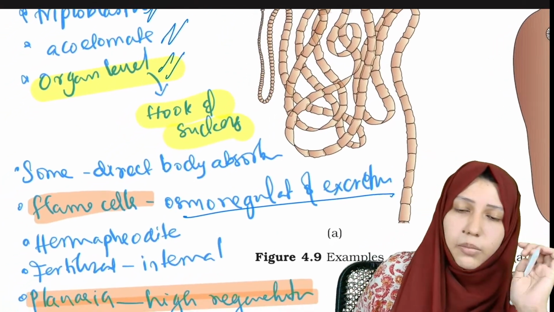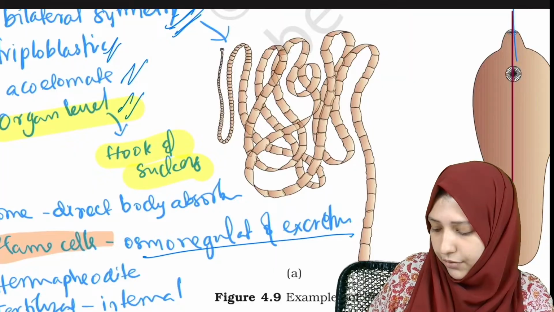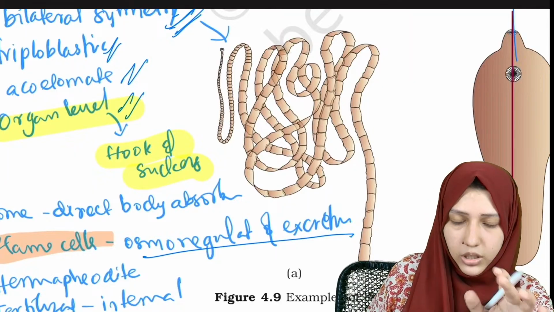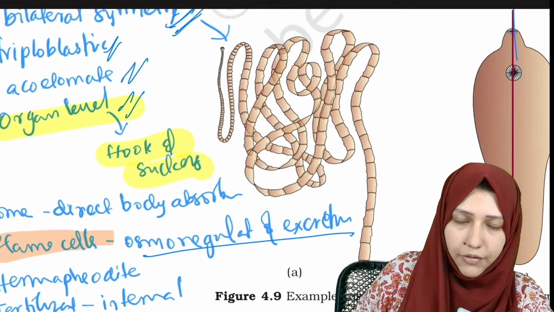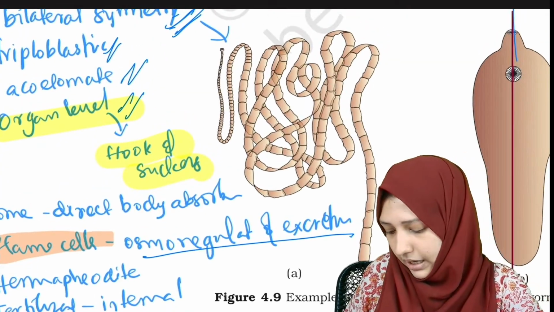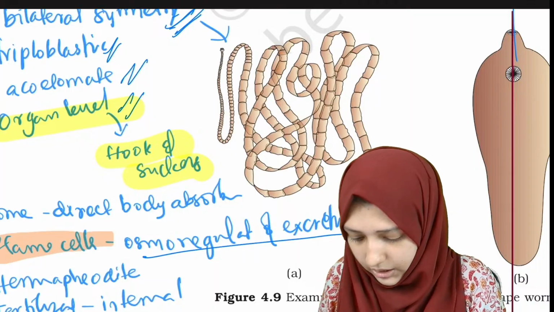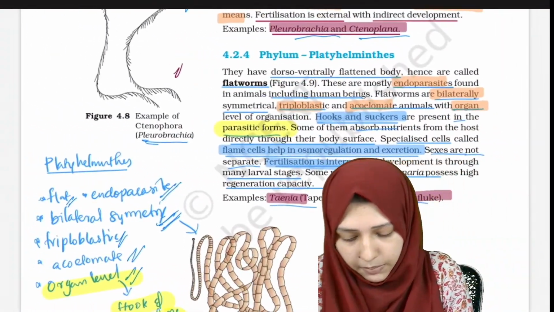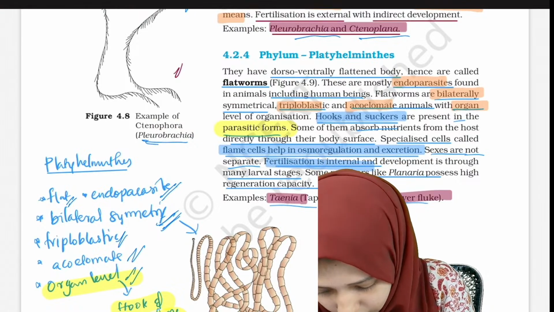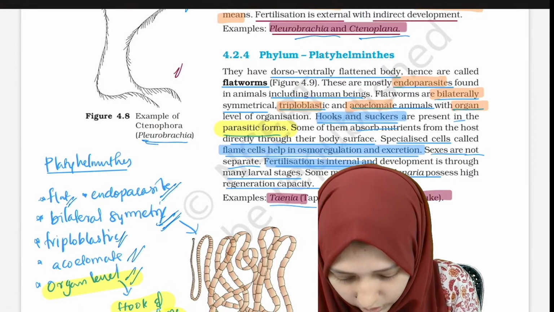Now, what about the sex? It is again hermaphrodite, which means the sexes are not separate. Fertilization is again coming back to internal. And there is one organism in Platyhelminthes which is having high regeneration capacity. Which is that organism? Planaria.